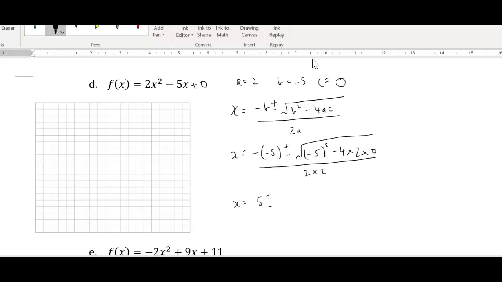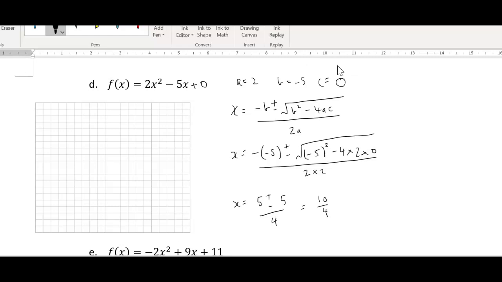So the square root of 25 is 5 over 4. So I'm going to be left with 5 plus 5, which is 10 over 4. And then 5 minus 5, which is 0 over 4.